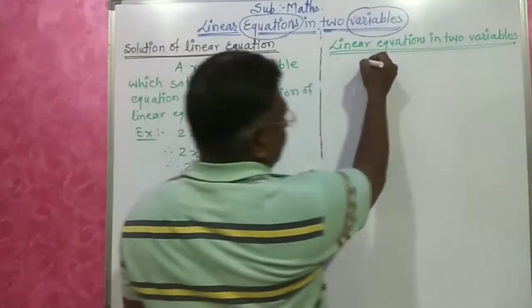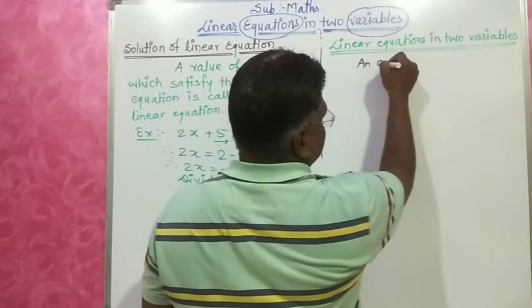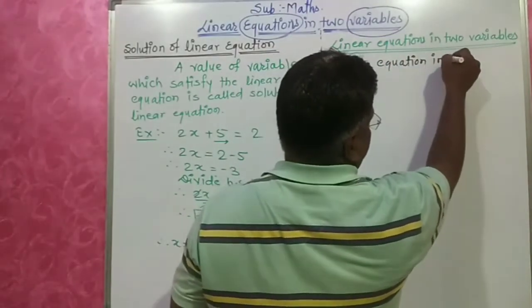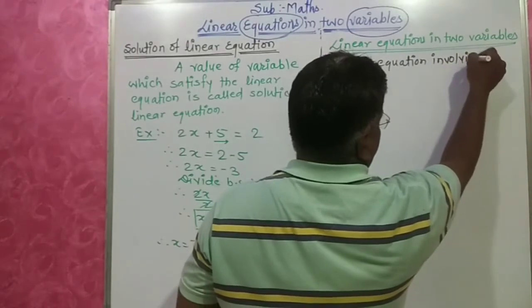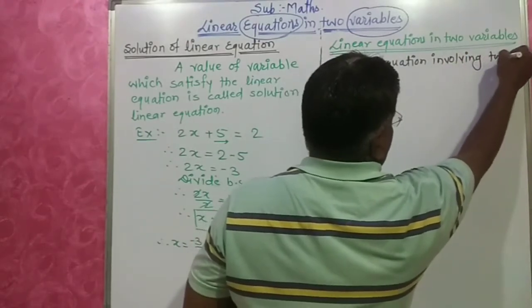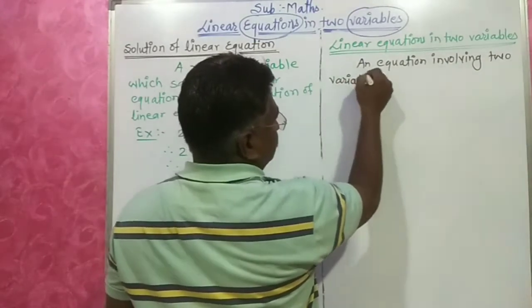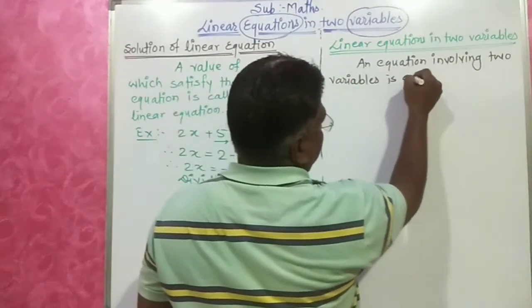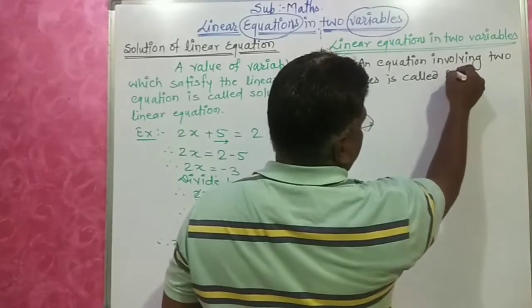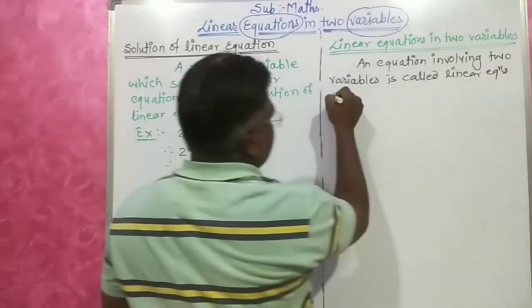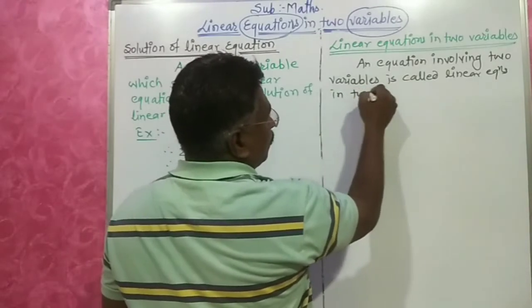So here also, an equation involving two variables is called linear equation in two variables.